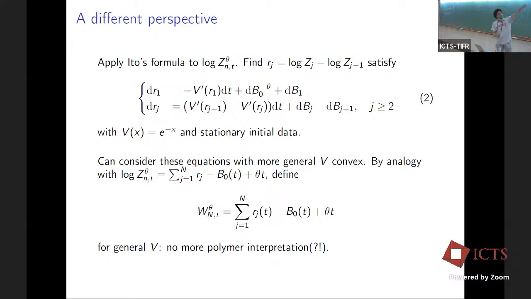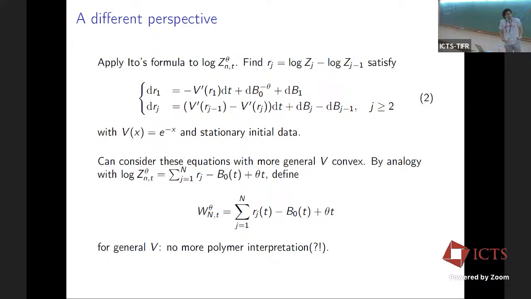This B_0(t) plus theta t is what I called log of Z_0. Remember, it's the increments that are stationary, not log Z(t, theta) itself. And for notational convenience, we wrote log of theta_0(t) to be B_0(t) minus theta t. So this expression in terms of the R_j's is what the O'Connell-Yor partition function is.